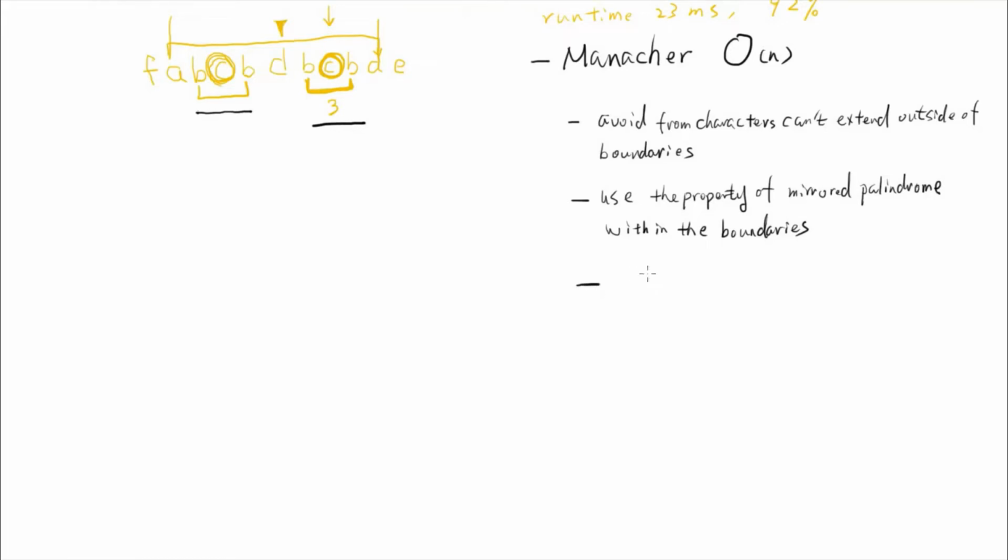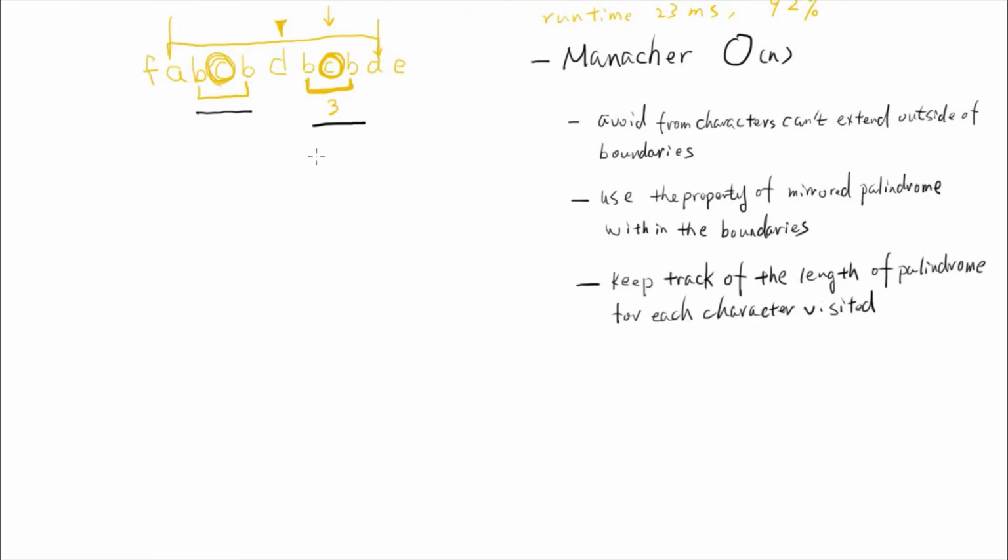And third, it will keep track of the length of the palindrome for each character visited. Come to this example again. The reason we know it has a length of 3 is because we already visited the mirrored character on the left side. It has the length of 3.